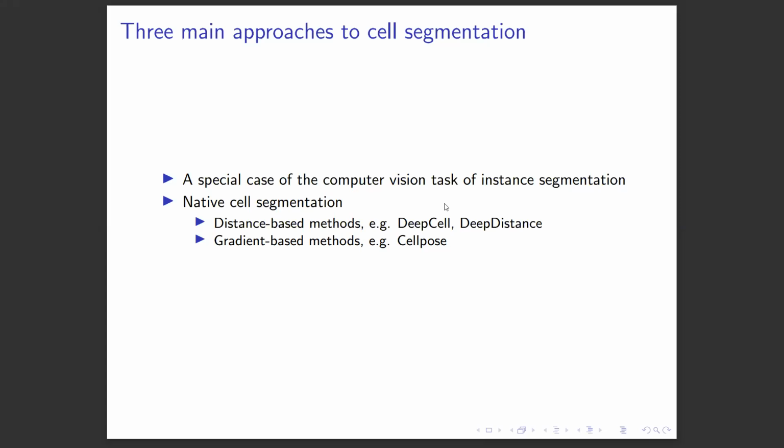Before deep learning, people were doing traditional methods based on distance-based methods and gradient-based methods. And when deep learning came along, those got married to deep learning. And one of these methods, to me, seems like it has the best performance.